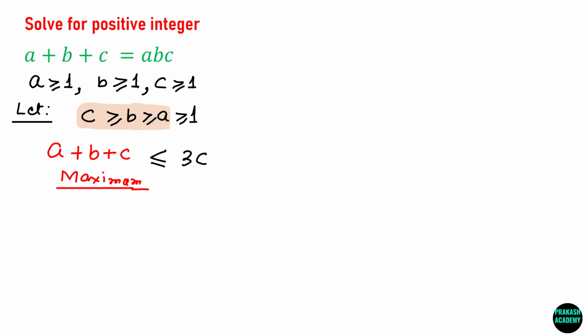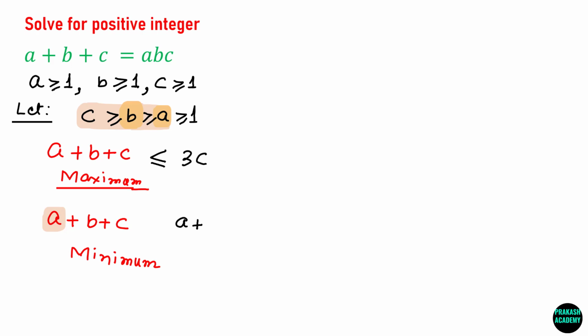Now let us see the minimum value of a plus b plus c. Using the same logic, you can find the minimum value. In this case, a is the smallest number. So let us say we have a here, plus the minimum value of b. Since b is greater than or equal to a, the minimum value of b will be a.